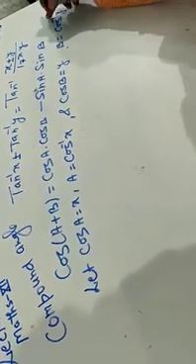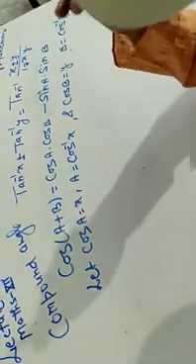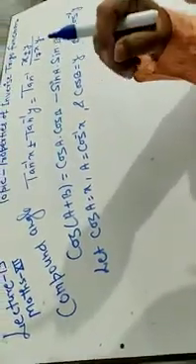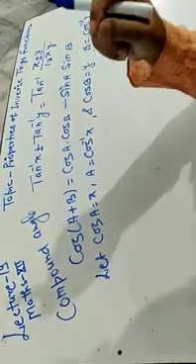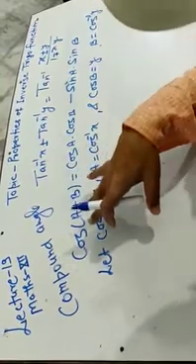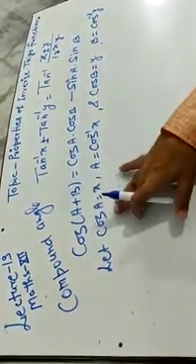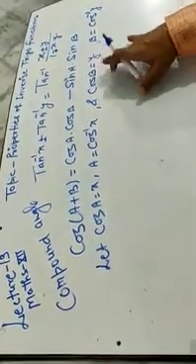You should always think about this: if you take the compound angle of sine, then you assume sine A and sine B. If you take the compound angle of cos, you assume cos A and cos B.